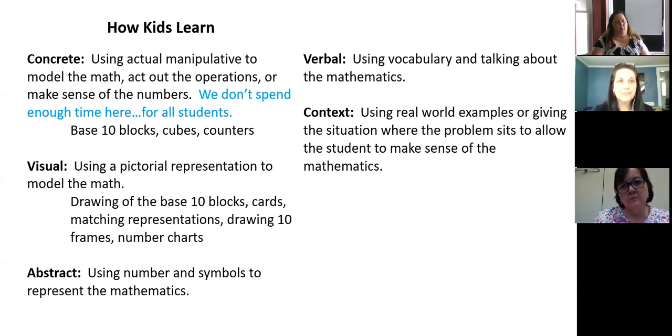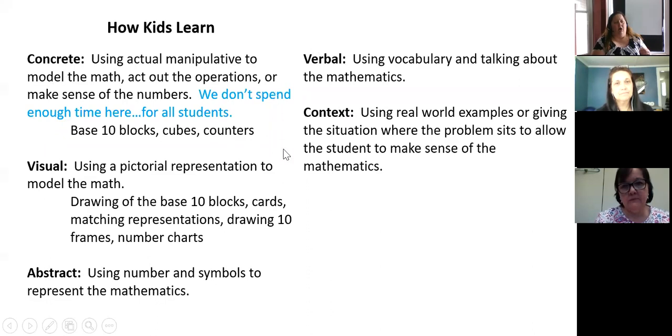Now, we like to think that it's kind of this linear progression, and it's really not, right? It's really more like if you picture a star with these being the 5 points of the star, often we do see that concrete, visual, abstract, but many times we have to move back. And maybe we go from abstract back to concrete or abstract to visual.